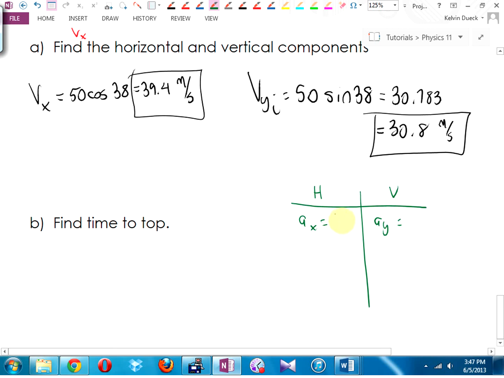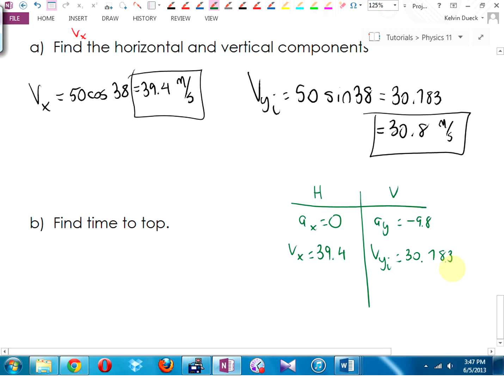What am I writing for Ax, McKenna? 0. For Ay? Negative 9.8, she says with boredom and disdain in her voice. Oh, and what am I writing for Vx and Vy initial? What am I writing for Vx, McKenna? 39.4. What about for Vy initial? 30.783. Nice. I'll use that.